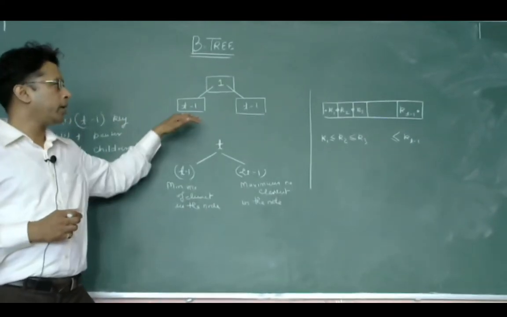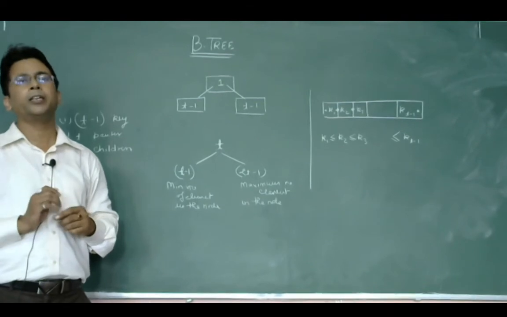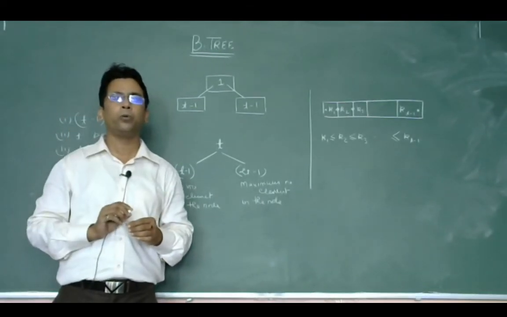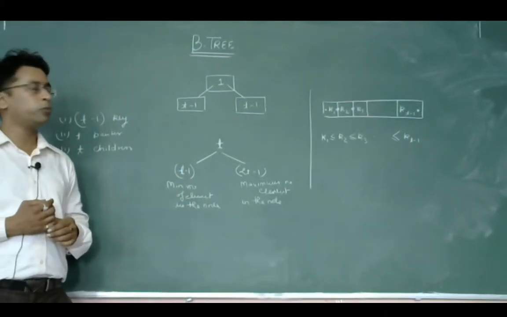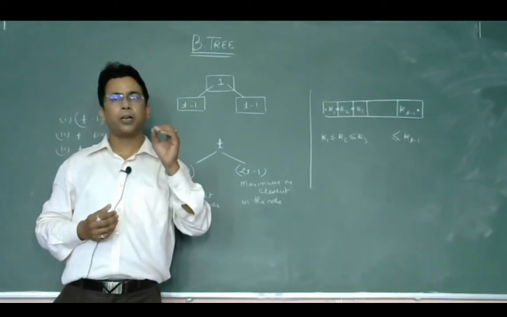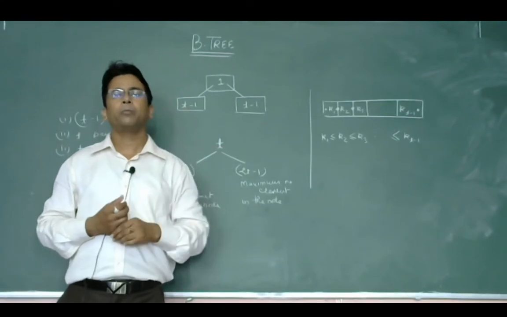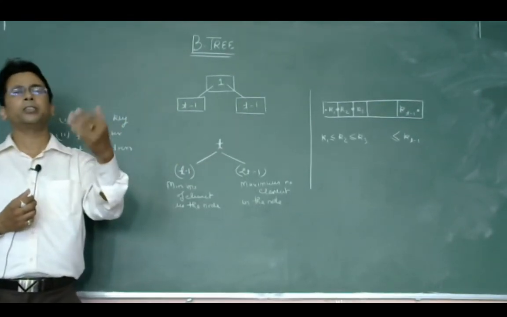And the height of the tree, or we may say the length from the root node to the leaf node, is the same for each leaf node. So in this way, we can store a huge amount of data with a degree which ranges into 1000 or 2000, 3000.